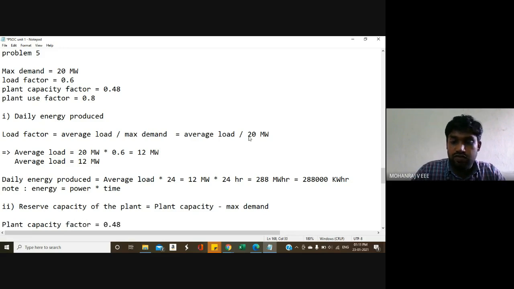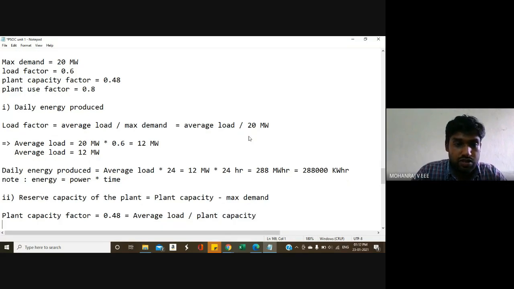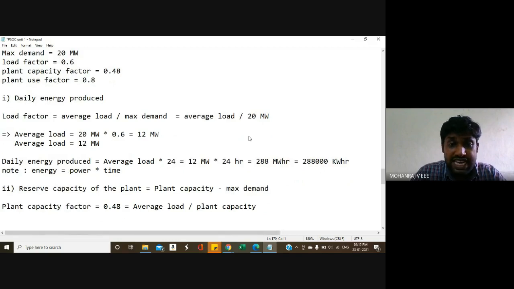Good. You know the formula for plant capacity factor. It is given by average load divided by plant capacity. Good. Now, do you know the value of average load? Average load is 12 megawatt, which is given here.